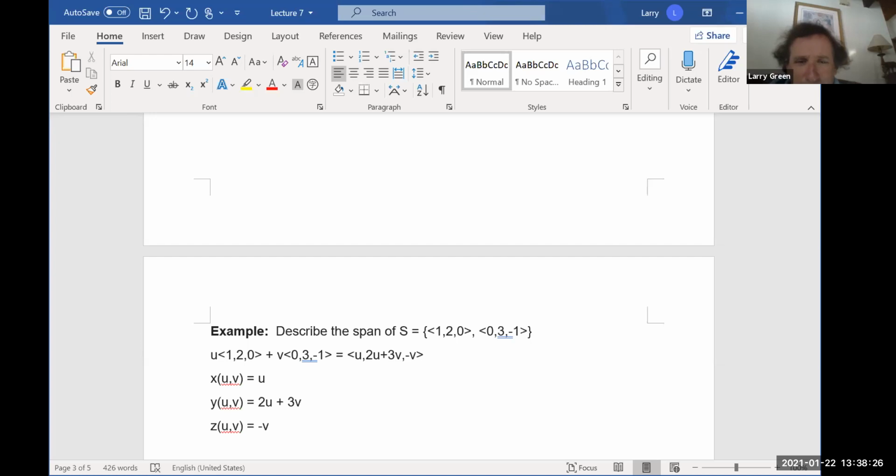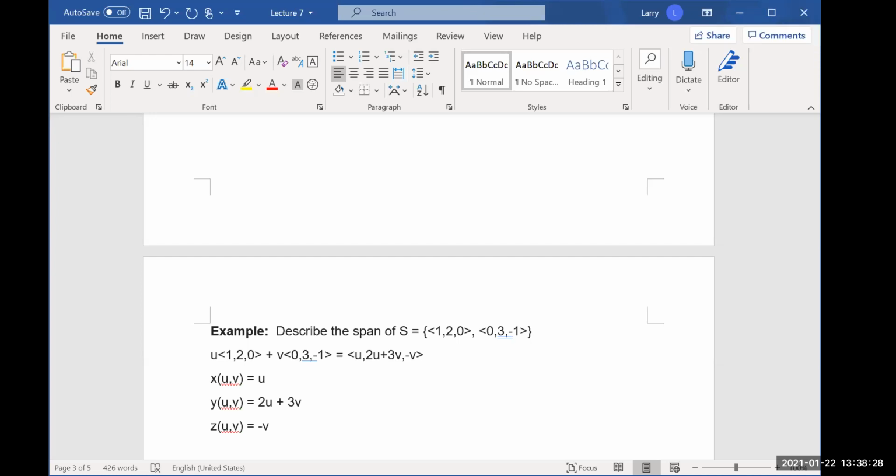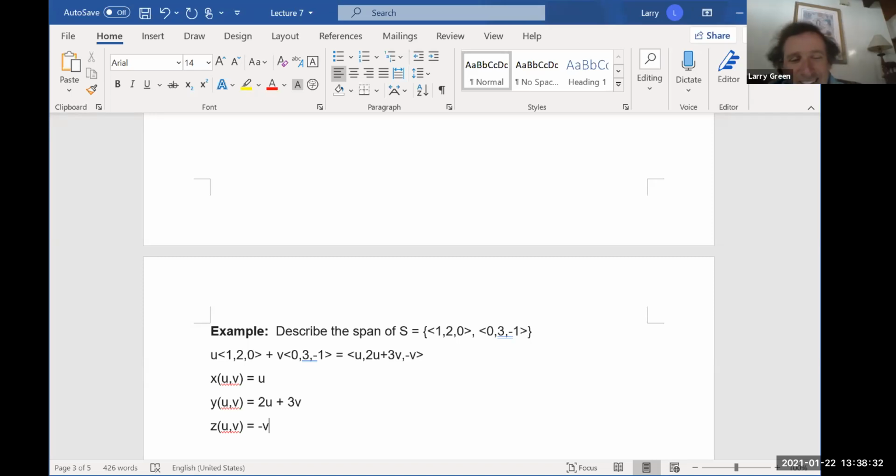That was fourth quarter, actually. Time moves differently during all this stuff. So that's a fourth quarter calculus class, right? And these are parametric equations.